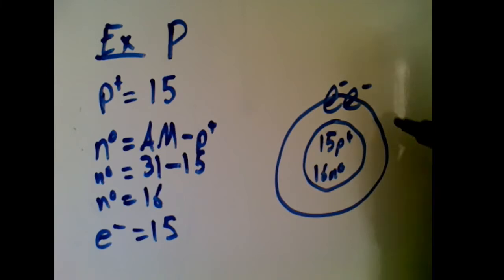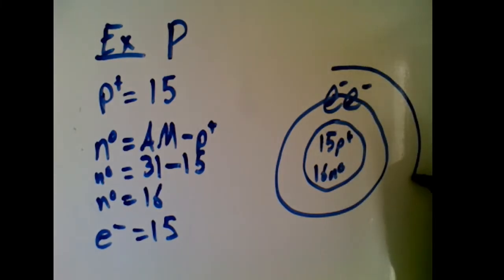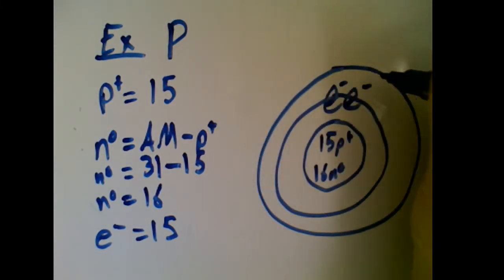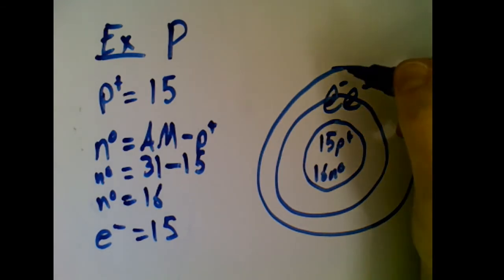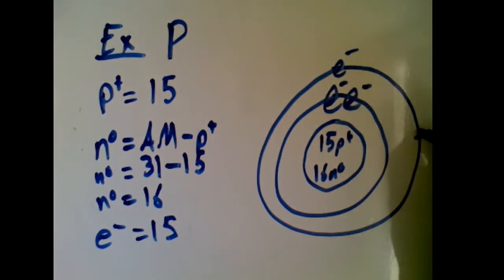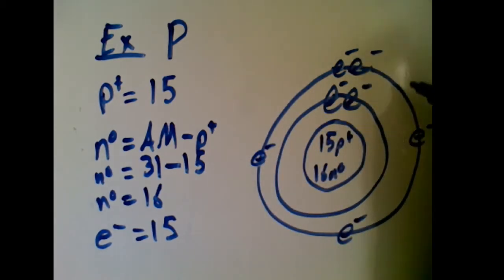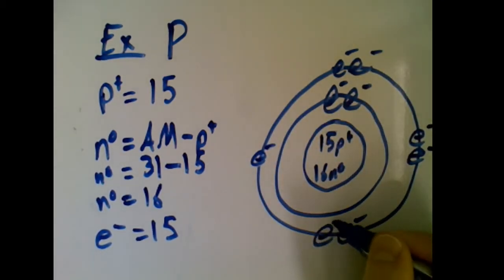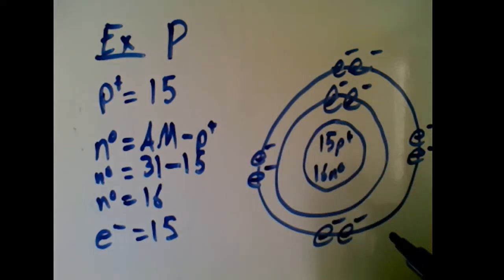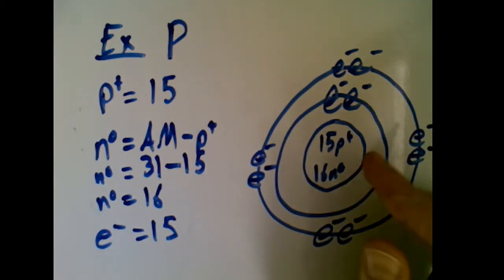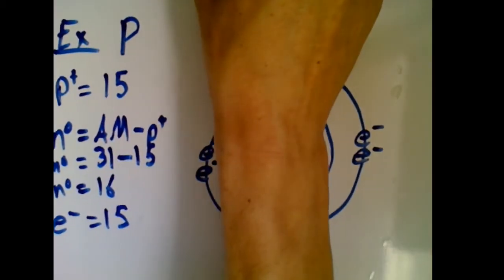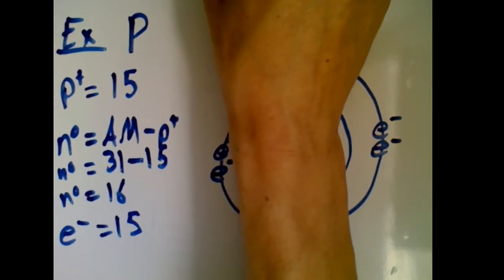We need 15 in total, so we need a second orbital. So our second orbital, remember, can hold a maximum of 8. So 1, 2, 3, 4, 5, 6, 7, 8. That's used up 10 electrons in total. That's not good enough here. We need 15. So I even need to move over a little bit.